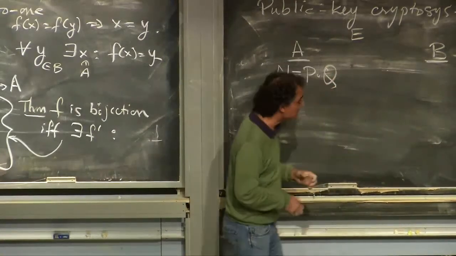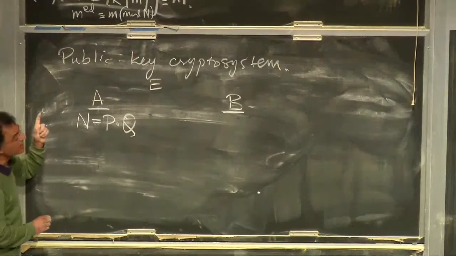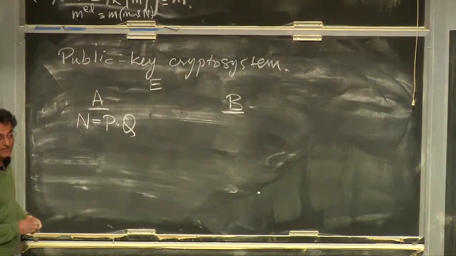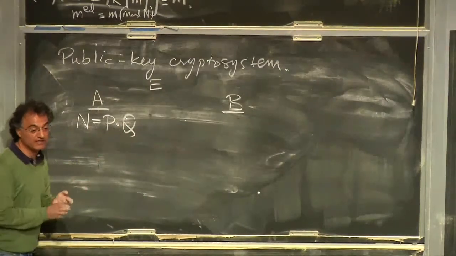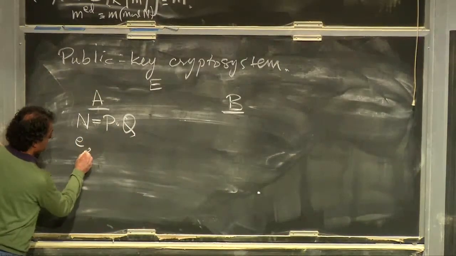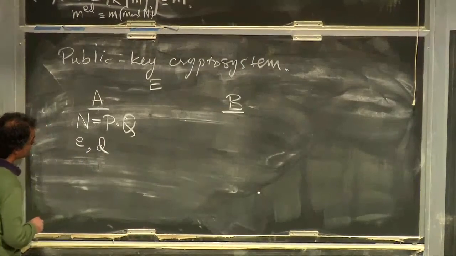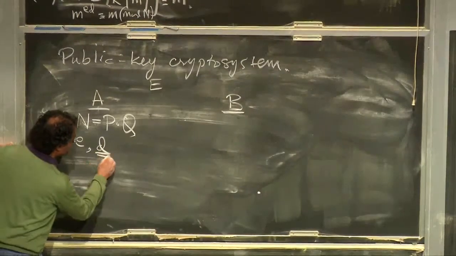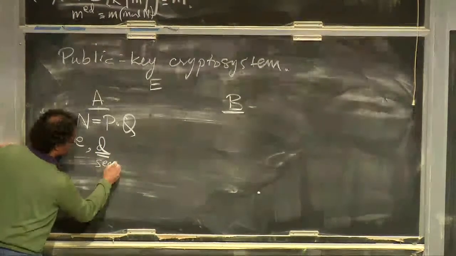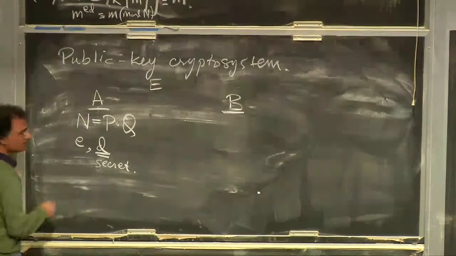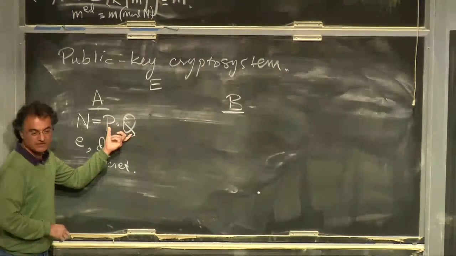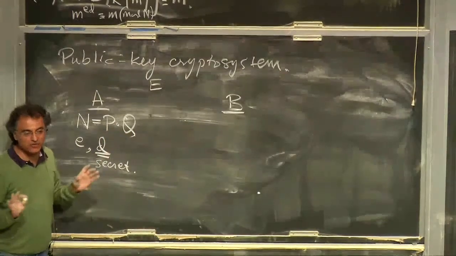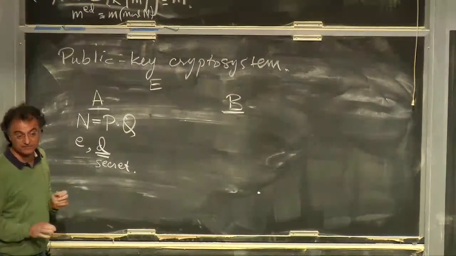What she does is she picks the encryption and the decryption exponent based on P and Q. So she needs P and Q to figure out E and D. So she picks E and D, and she keeps D secret. Once she picks E and D, she can even throw away the prime factors P and Q. She doesn't need them anymore once she's done picking E and D.